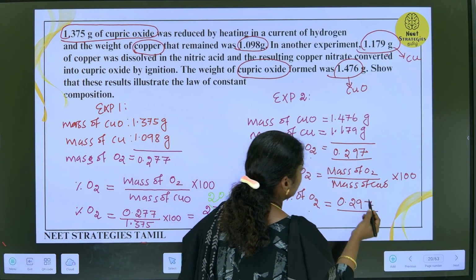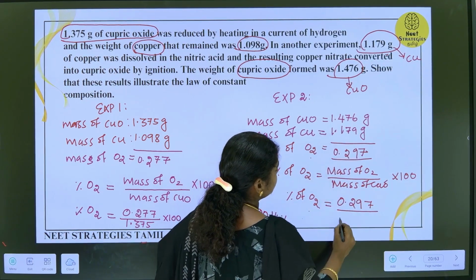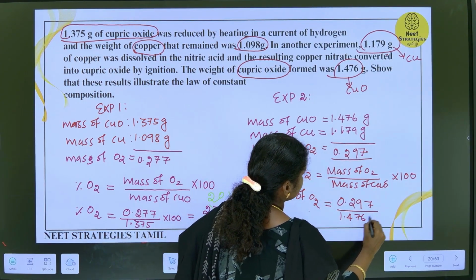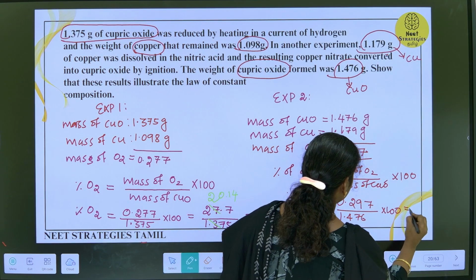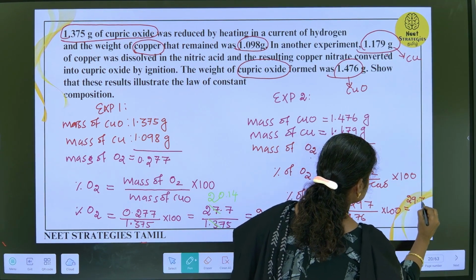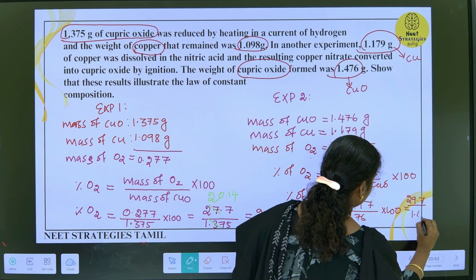0.297 upon mass of copper oxide, it is 1.476 into 100, ஓகேங்களா. So இதை simplify பண்ணிட்டோம்னா நமக்கு எப்படி கிடைக்கும், it is 29.7 upon 1.476.